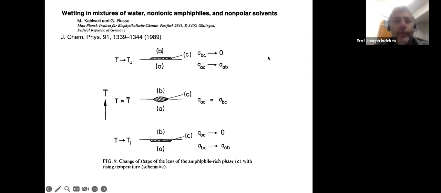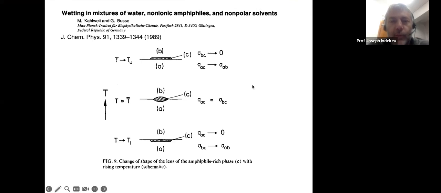Now, the experiment that we consider here was performed in the late 80s by Carl, White and Busser. And they studied mixtures of water, non-ionic amphiphiles, and non-polar solvents, and so basically the latter are oil. And they considered situations where you have lenses or droplets of what is called the middle phase between the outer phases.